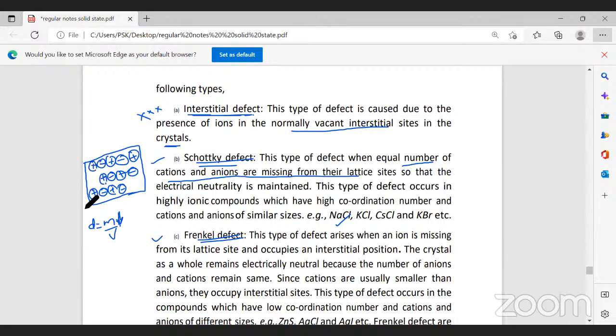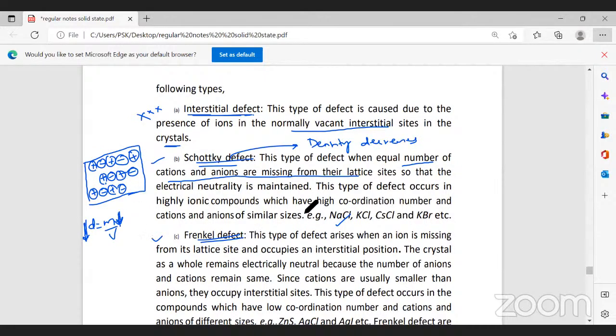But the mass decreases. When mass decreases and volume remains the same, density also decreases. In Schottky defect, you should remember that density decreases, because ions are missing from the lattice points.